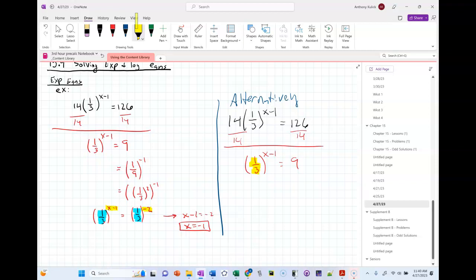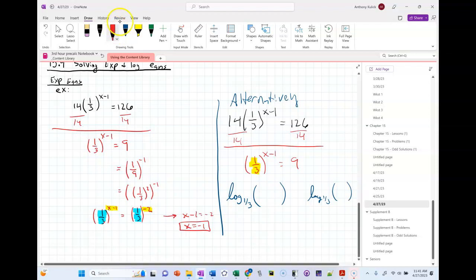So what base logarithm am I going to want to do? Not 3, 1/3. I want the base of the logarithm to match the base of the exponential I want to get rid of. So I would do log base 1/3 to both sides.